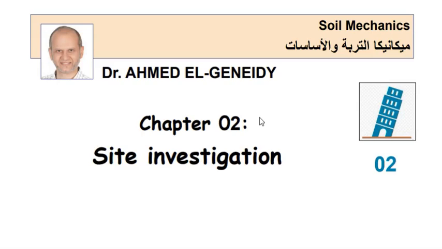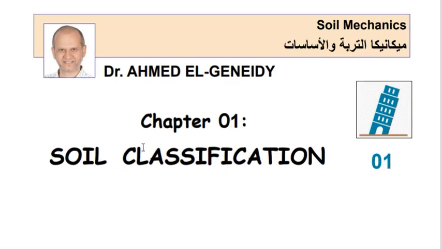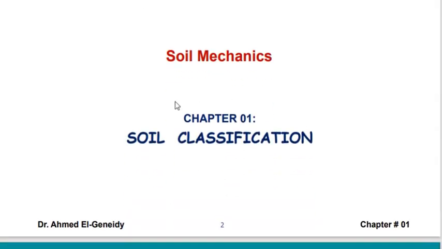Today's lecture, we are going to study something called site investigation. We have studied before something called soil classification. In soil classification, we learned how to classify the soil, to know the types of the soil, to know the relation between the different types of soil, the different parameters of soil, from one parameter how to reach another parameter, and so on.